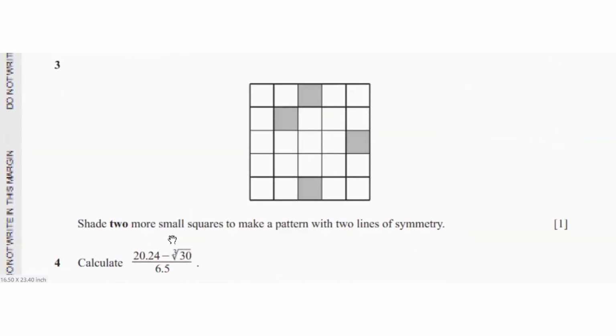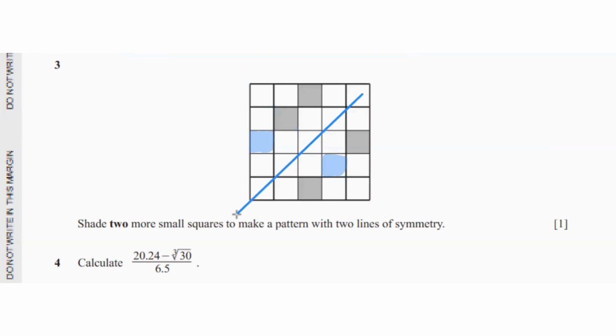Question 3 says shade 2 more small squares to make a pattern with 2 lines of symmetry. So what we can do is we can shade this square and we can shade this square.